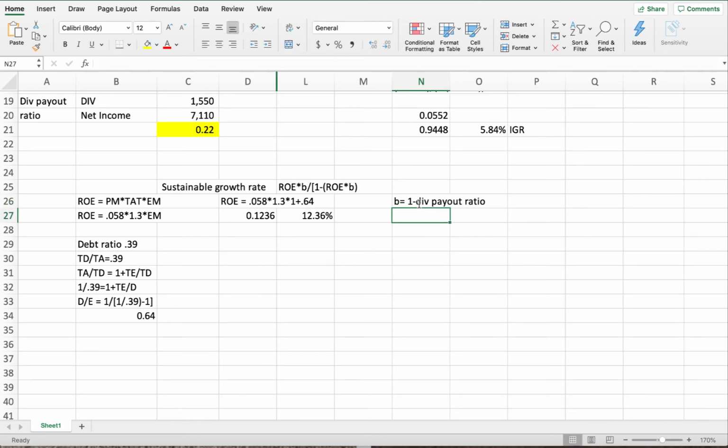So B equals 1 minus 0.4, or 0.40, that's given in the problem. So that's 0.6.